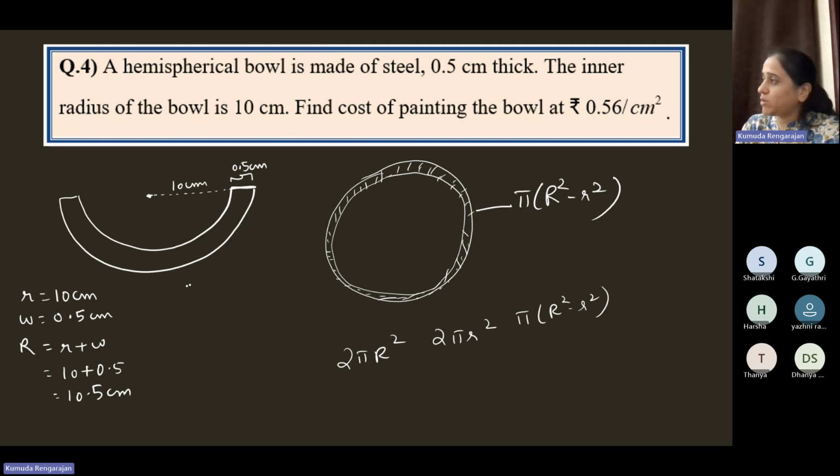Multiply by the rate 0.56 to find the total cost of painting. Correct? So when the material is thick, we'll have three surfaces to paint: outer curved surface, inner curved surface, and the brim on the top. Okay?